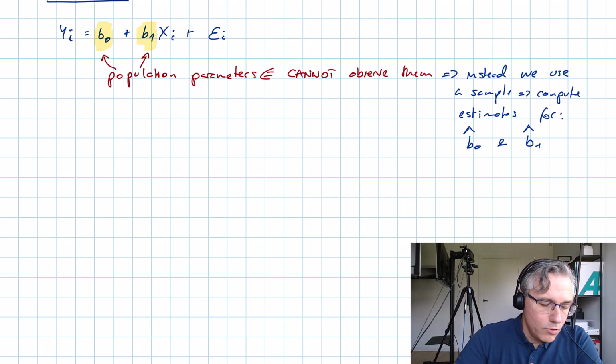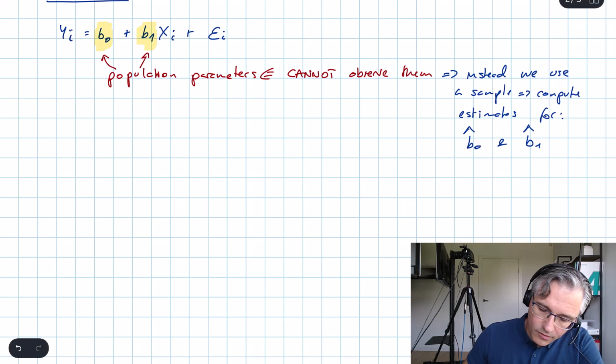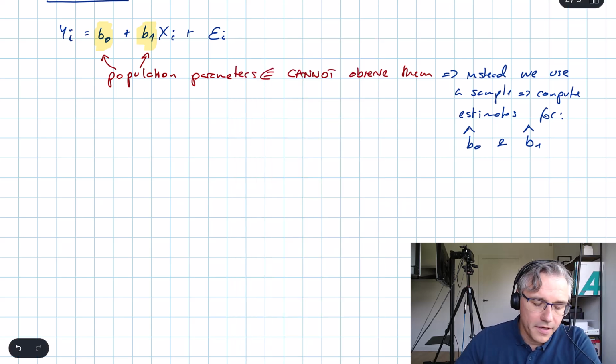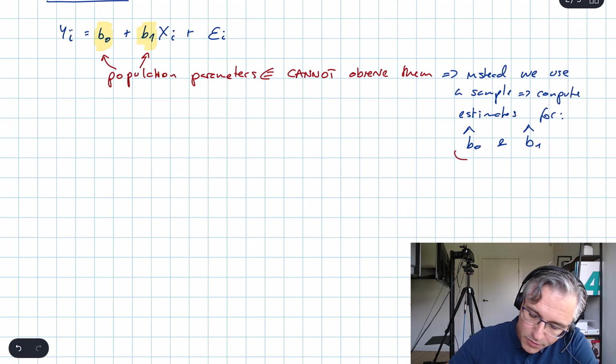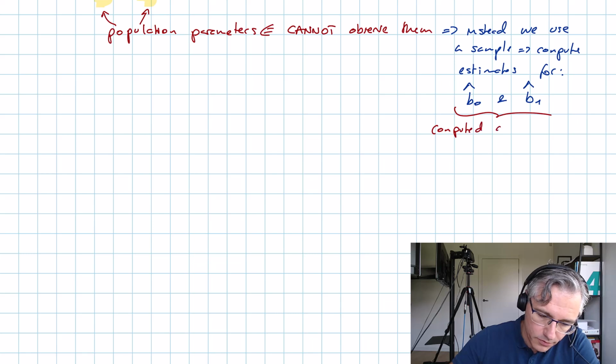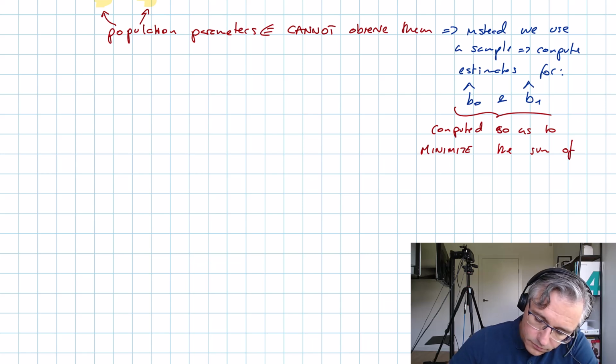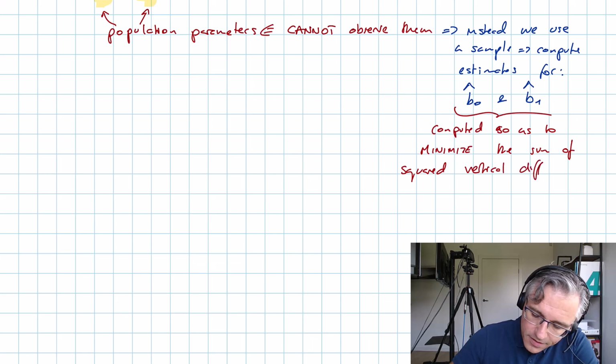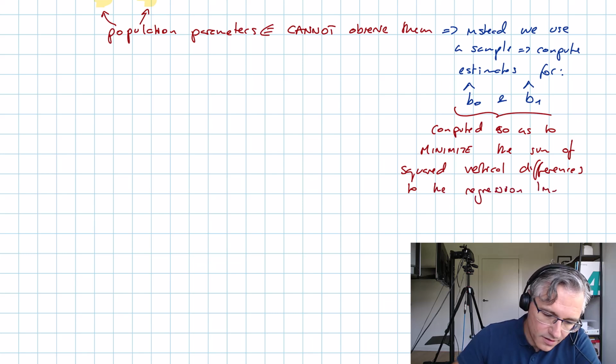So appreciate that what we do here is we compute B0 and B1 hat in such a way as to minimize the sum of the squared vertical differences to the regression line, something we discussed in the previous lesson.